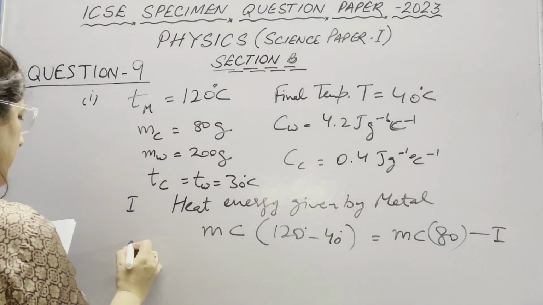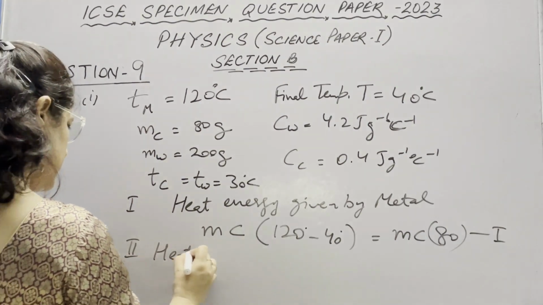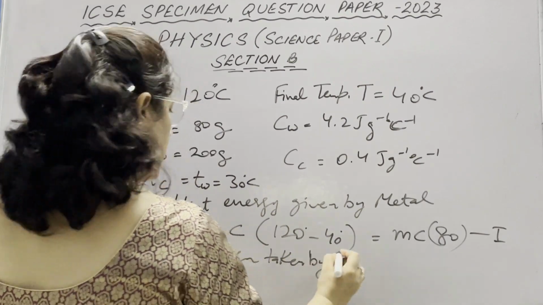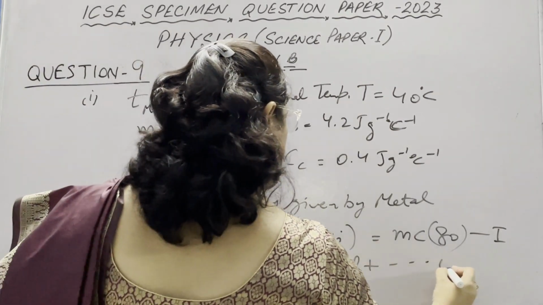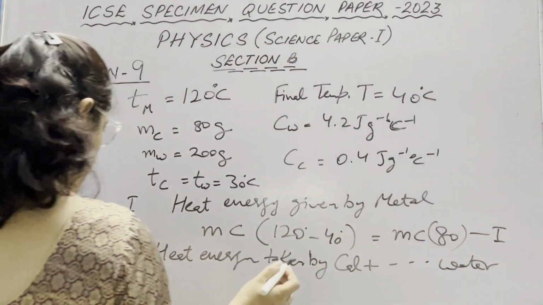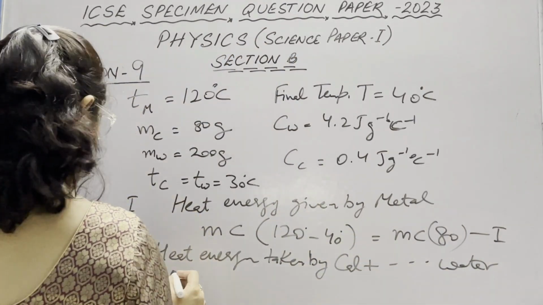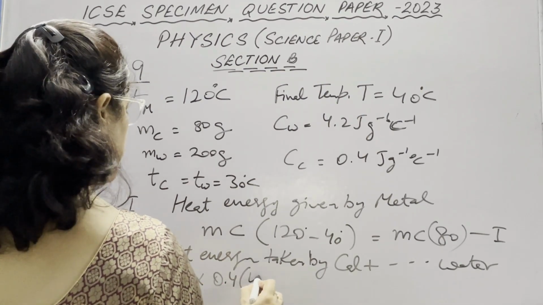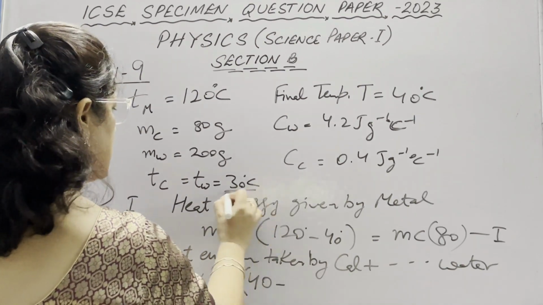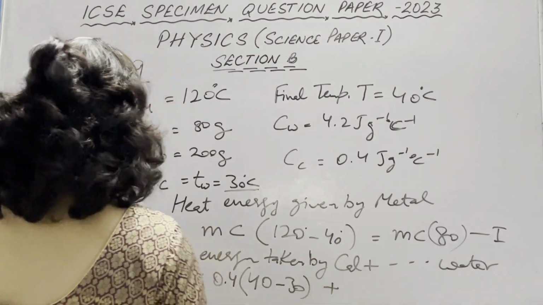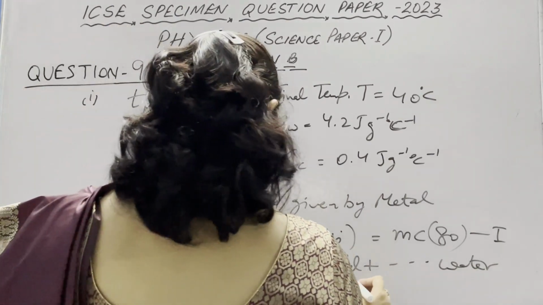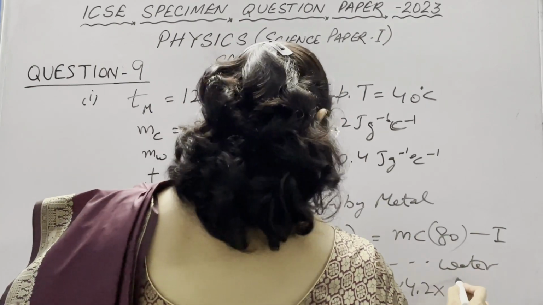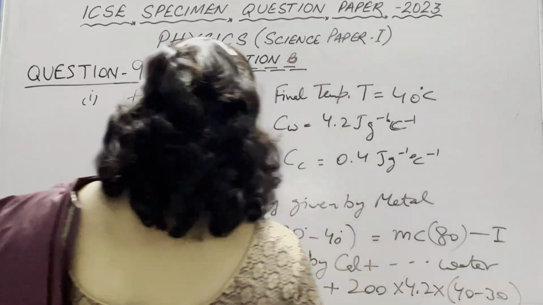Now the heat energy taken by the calorimeter plus the heat energy taken by water, because both are taking. First the calorimeter: m is 80, c is 0.4, and the temperature change is 40 minus 30, plus, in the case of water, mass is 200 gram, specific heat capacity is 4.2, and temperature change is 40 minus 30.